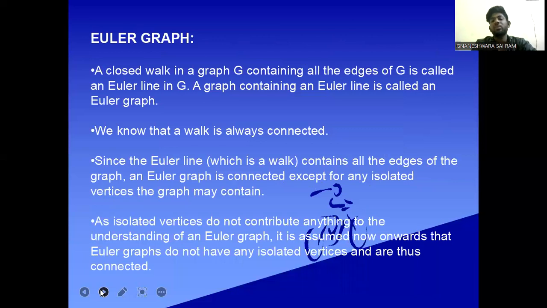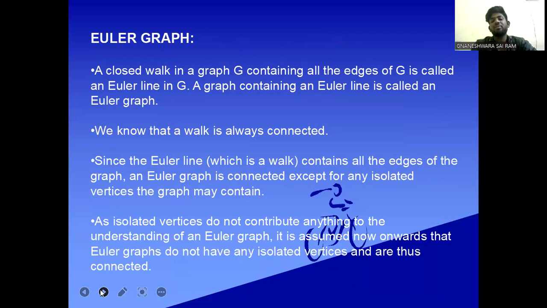Euler graph. A closed walk in a graph G containing all the edges of G is called an Euler line in G. A graph containing an Euler line is an Euler graph. We know that a walk is always connected.